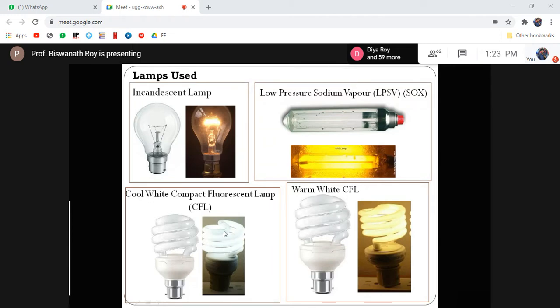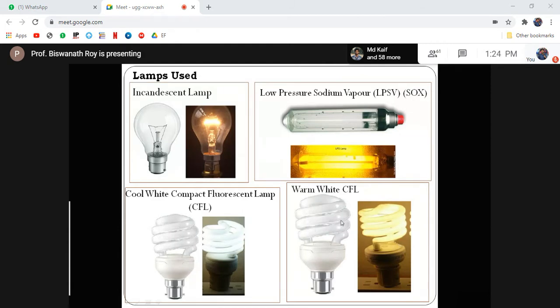The cool means that when we look at it under daylight, the color appears bluish. That's why this is the cool daylight type, cool white CFL lamp, whereas the color of the warm white CFL is yellowish. But this yellow and that yellow are totally different.